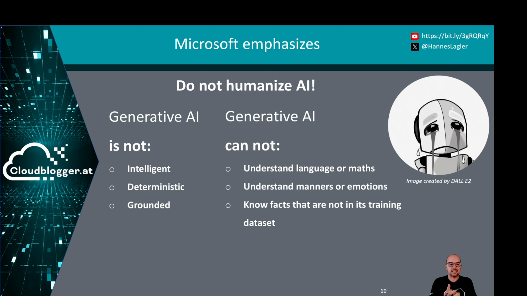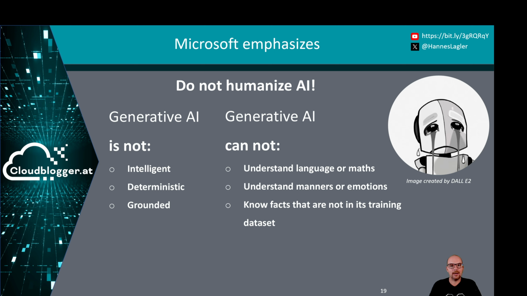Generative AI is not deterministic. It's not grounded. Generative AI cannot understand language and math, cannot understand manners and emotions, and cannot know facts that are not in its training data set.